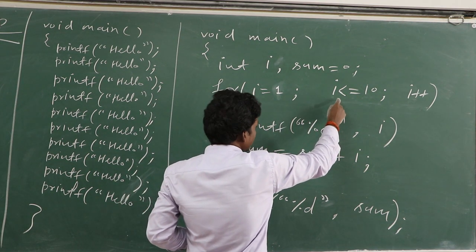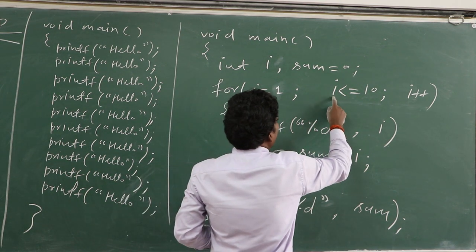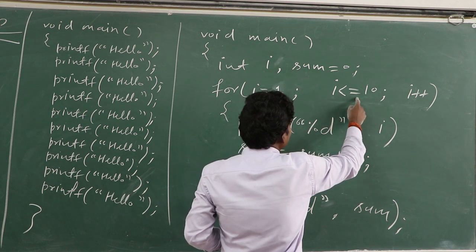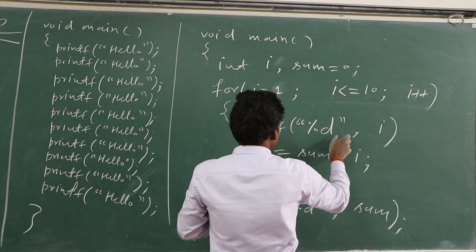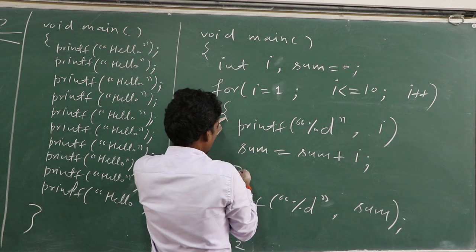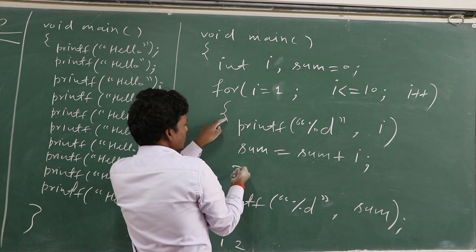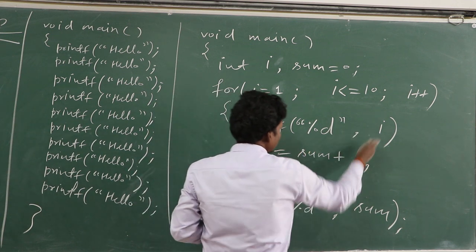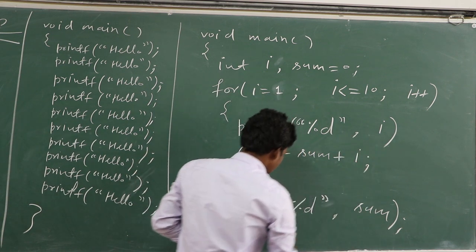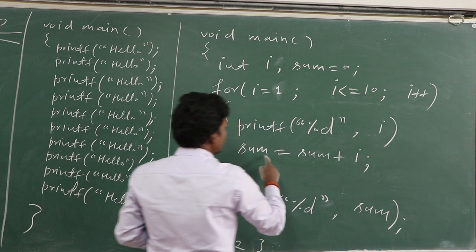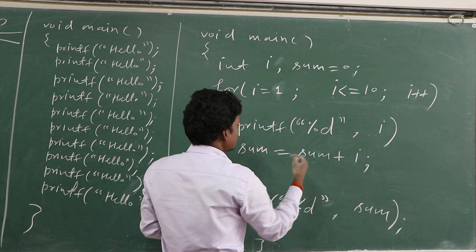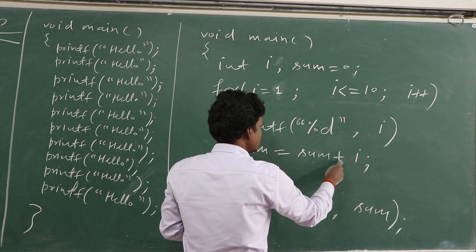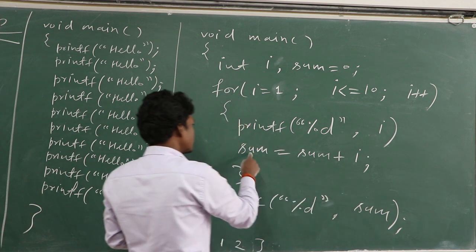Again I is checked here: 3 is less than or equal to 10, yes. Here control goes to this block, and these two statements will execute. So the value is 3, here the value is 3. Sum equal to sum plus 3, sum has value 3 plus 3, 6 is assigned to sum.